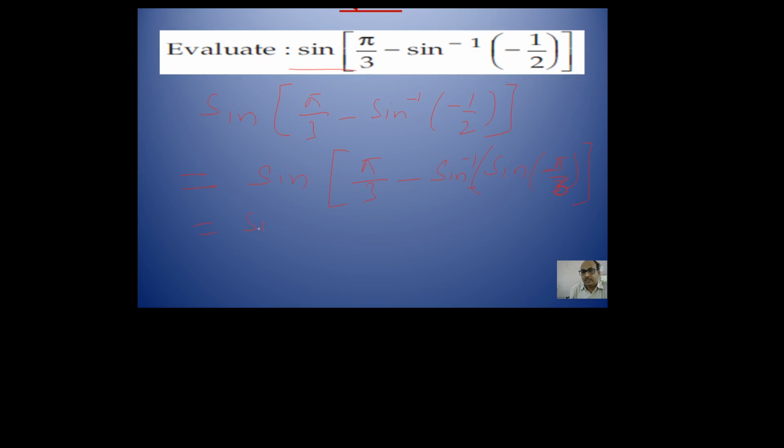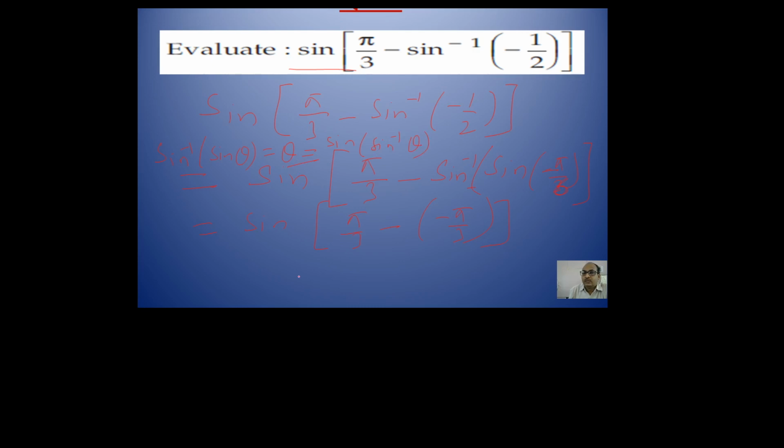Then further, sin inverse of sin of minus pi by 6 will give you what? So minus pi by 6. Why? Because we already know that sin inverse of sin theta is equal to theta. Similarly, we can also write sin of sin inverse theta, like this.